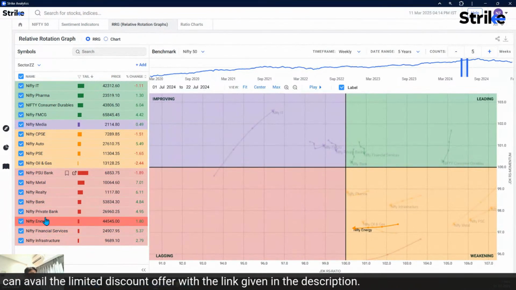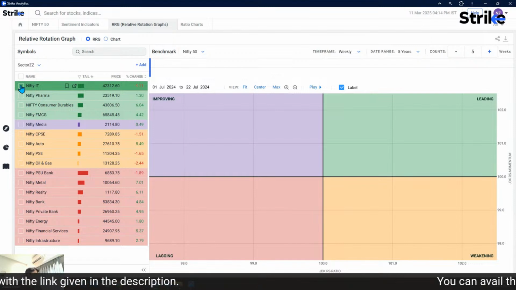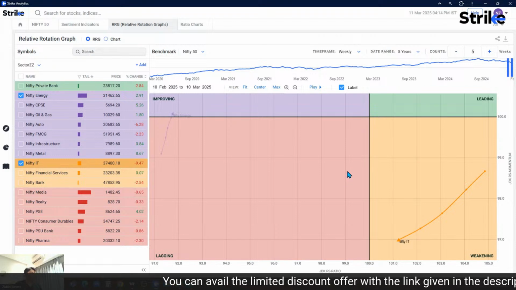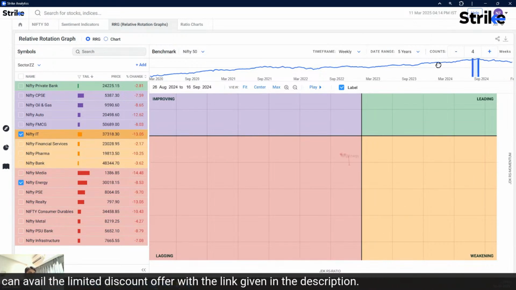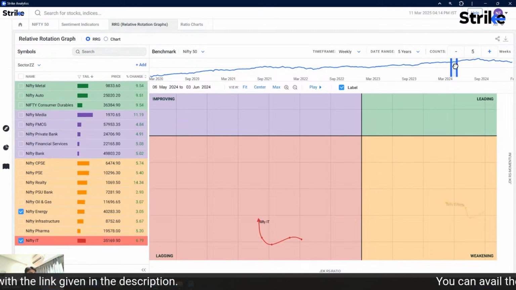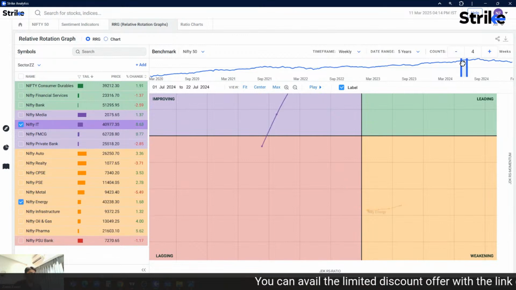Simultaneously, we'll also look at Nifty IT. So Nifty IT and Nifty Energy. Let me go back in time. Here we are.